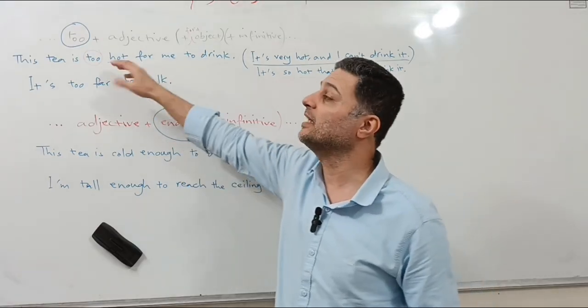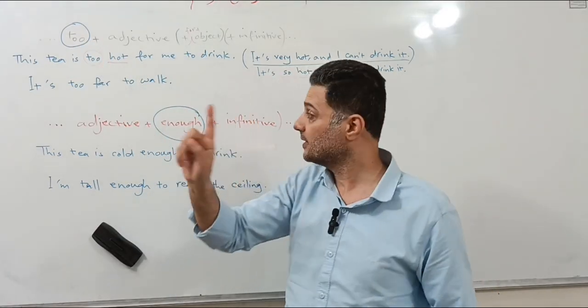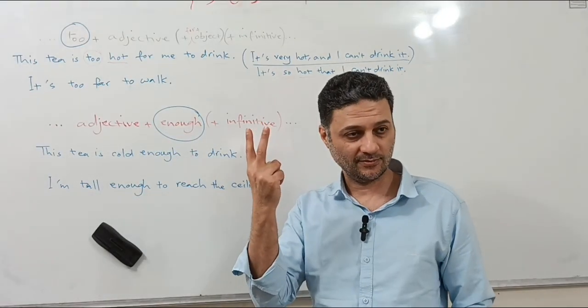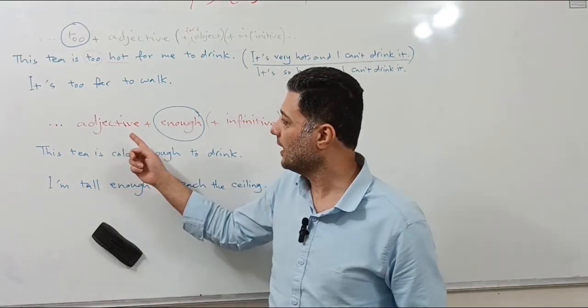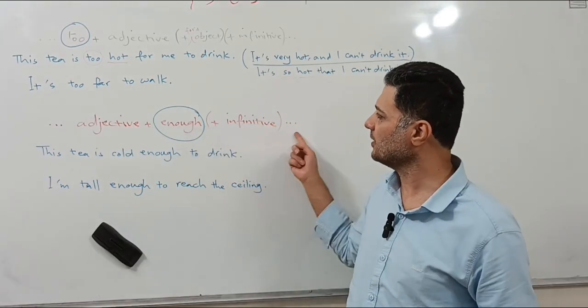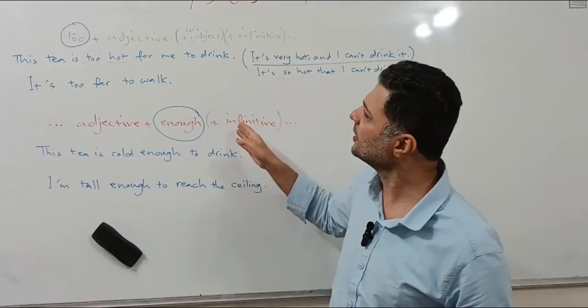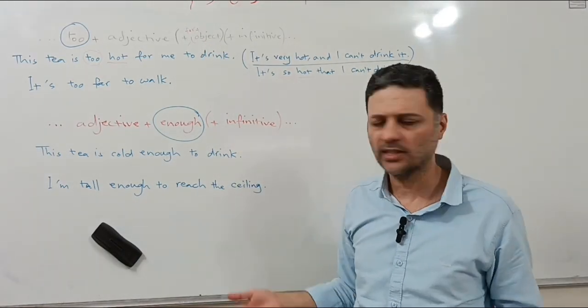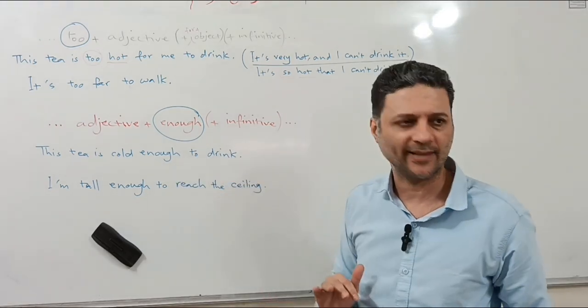The meaning is not negative, that's one difference. The place of the adjective is different, so there are two differences now. After that, you can use the infinitive. You can also use for plus object, but it's not quite normal. It's okay if you just leave it at that.